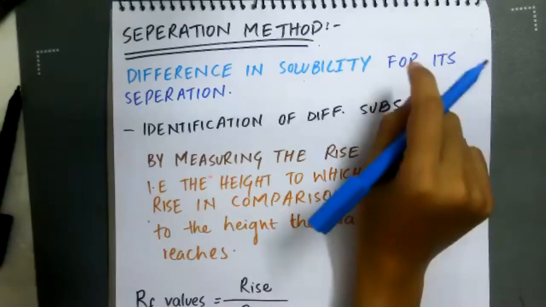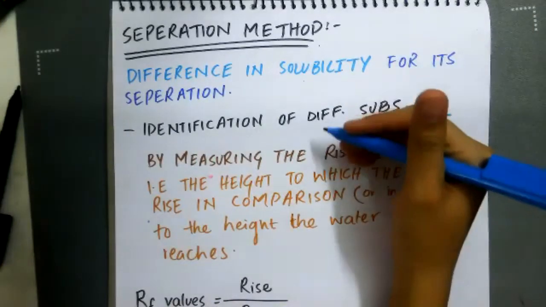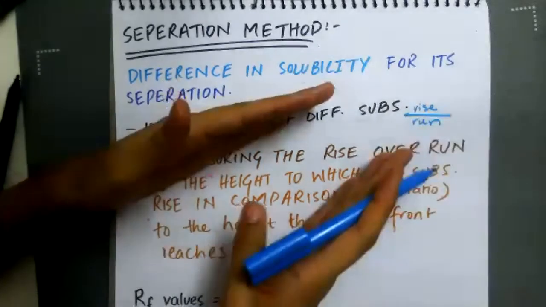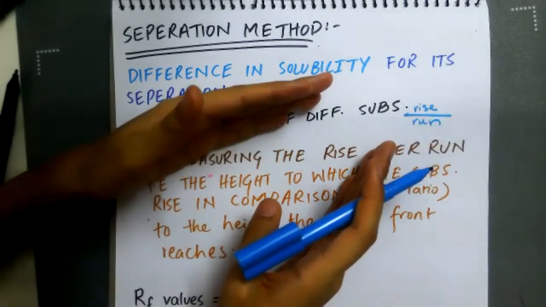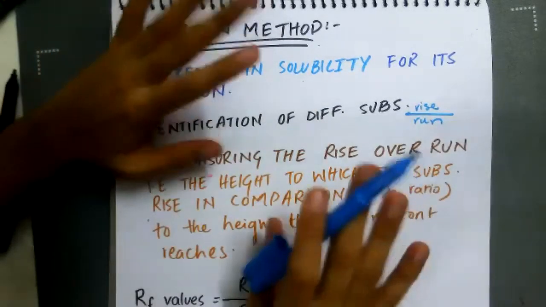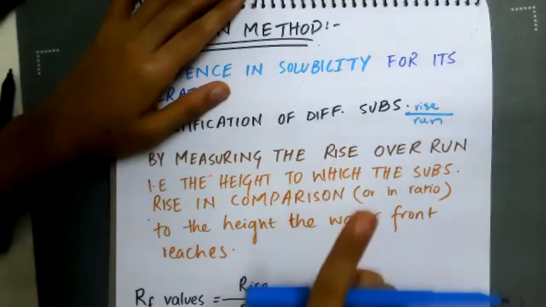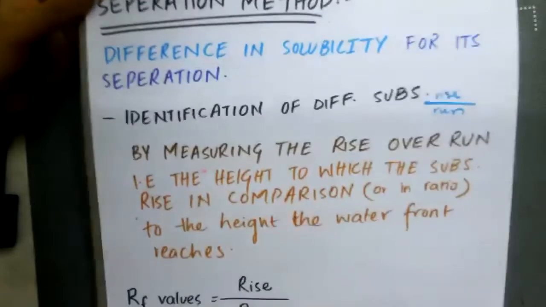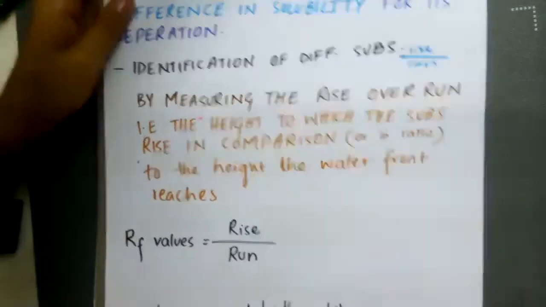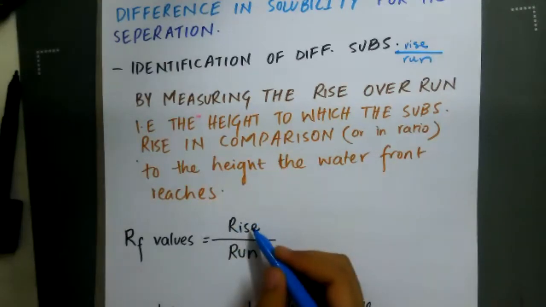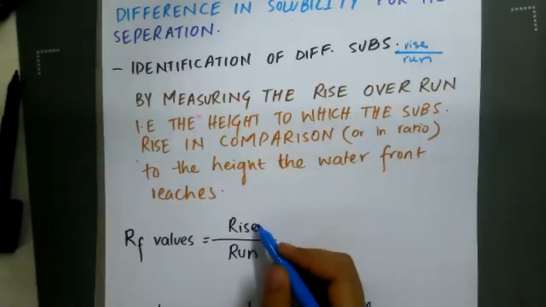It's that ratio which is fixed, not the rise only, because you could have a small chromatography paper and a large chromatography paper, and the rise and run are going to be different, but the ratio will be the same for one substance. So that's how we come up with the very simple formula for the RF value, that is rise over run.